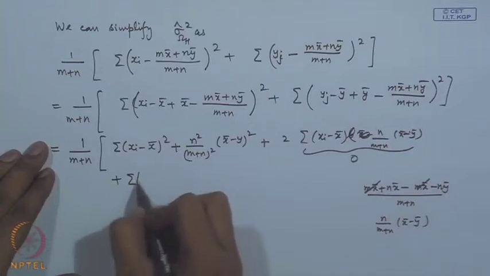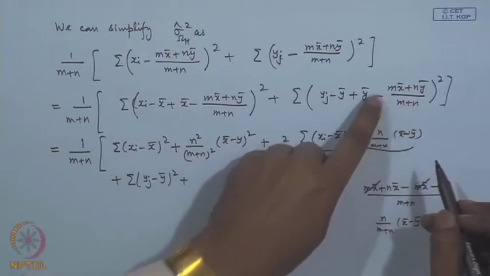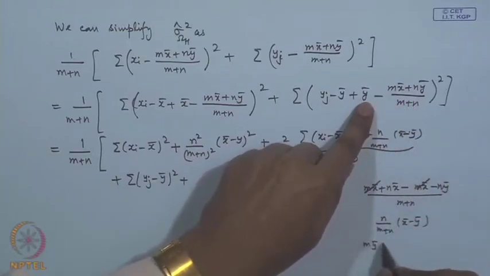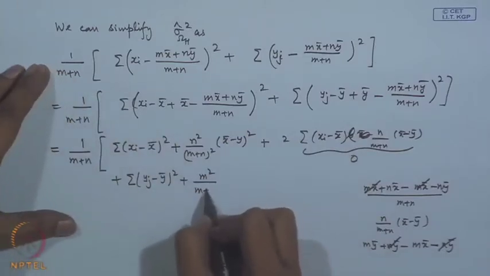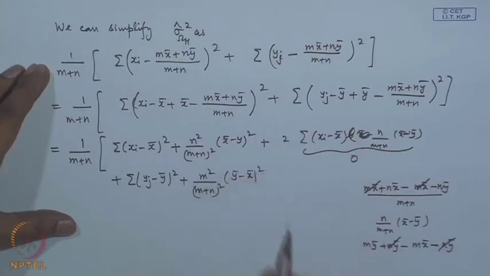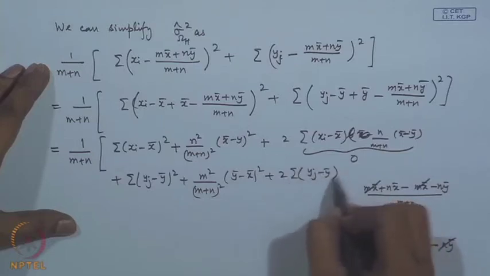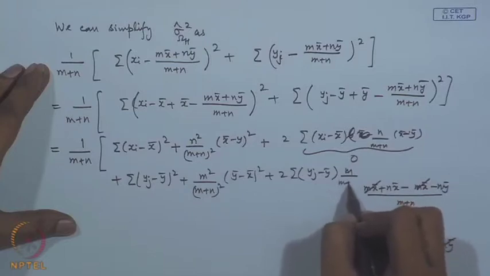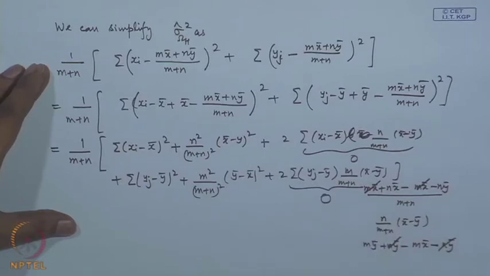If I expand the second term, I will get sigma (y_j minus y bar) square plus, now if I look at this second term, I can write (m y bar plus n y bar minus m x bar minus n y bar). So, this gets cancelled out, and this becomes m square divided by (m plus n) whole square times (y bar minus x bar) whole square, and once again this cross product term, sigma (y_j minus y bar) into m by (m plus n) times (x bar minus y bar), gets cancelled out.